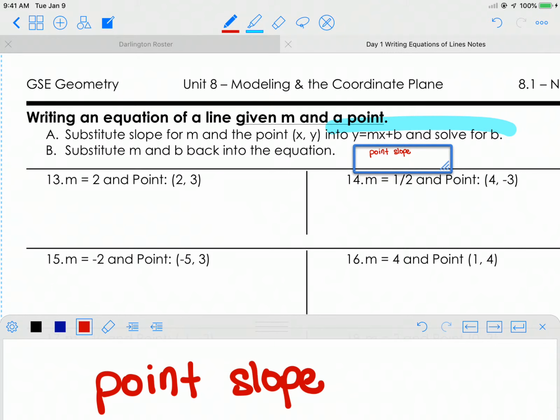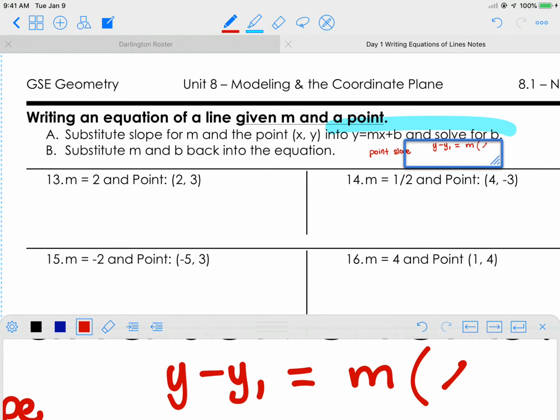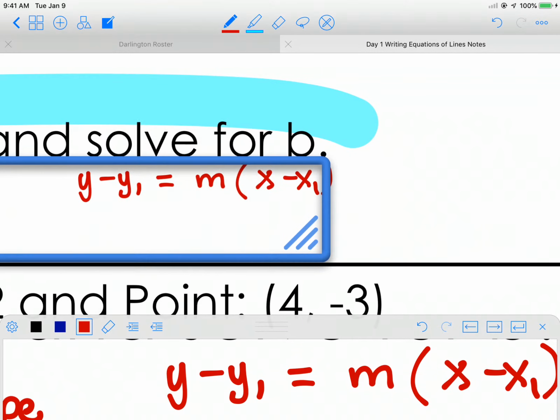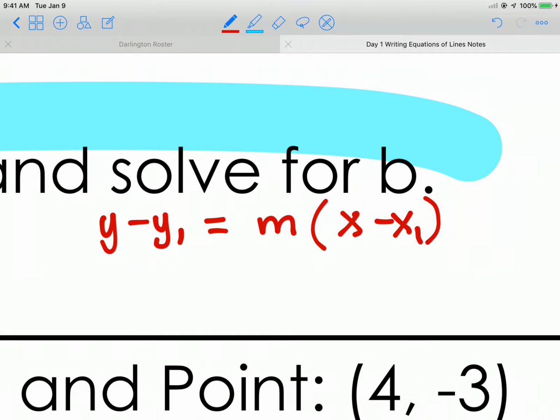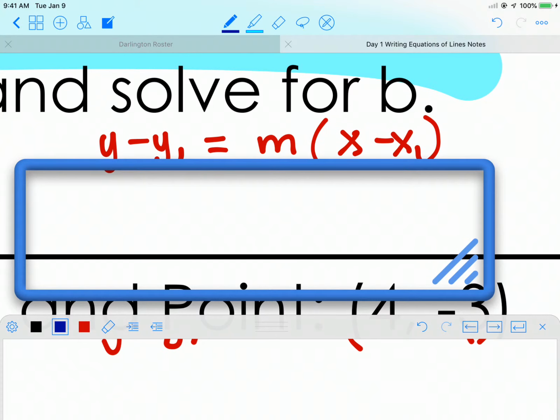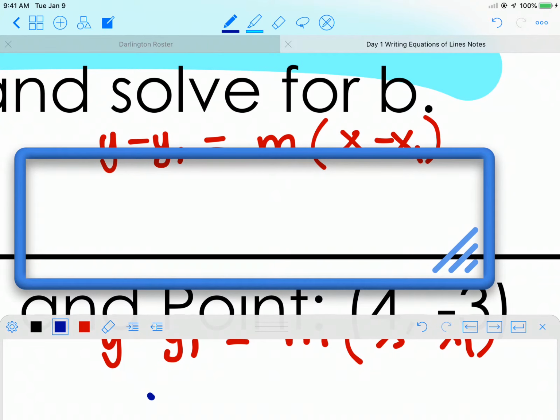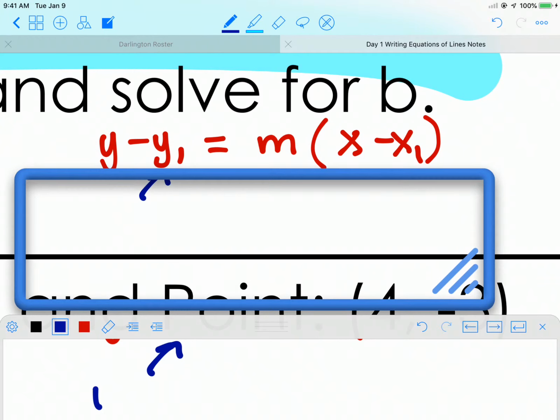And that equation is y minus y1, which is our point value, equals m times x minus x1. So I've got y minus y1 and m times x minus x1. Our order of operations is going to be important here. This is the y value of our point.